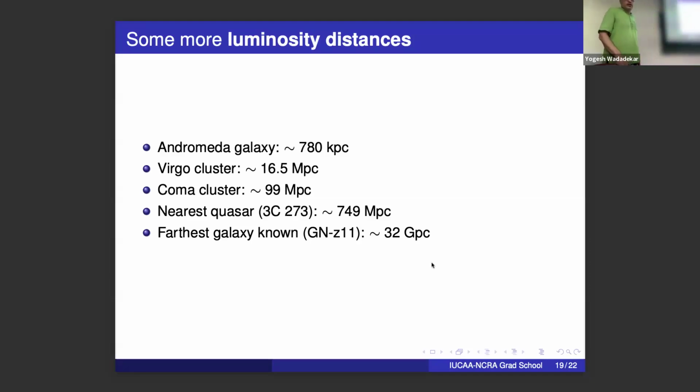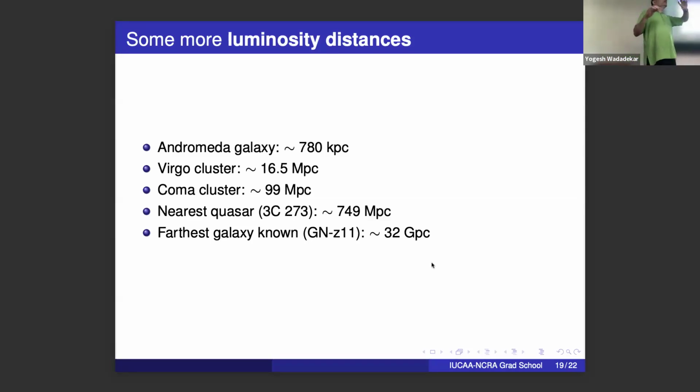Okay. So now, just like you had parsec, you will have kiloparsec and megaparsec and gigaparsec and so on. The nearest big galaxy to us is the Andromeda galaxy, and that is 700 kiloparsecs away. For scale, the Milky Way is about 30 kiloparsecs in diameter, and this is 780.